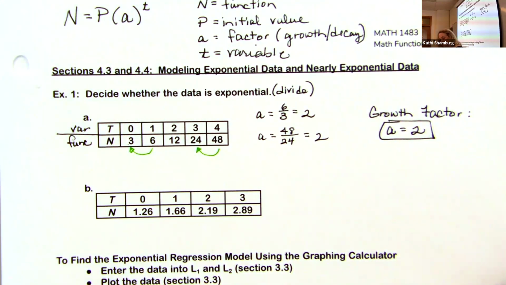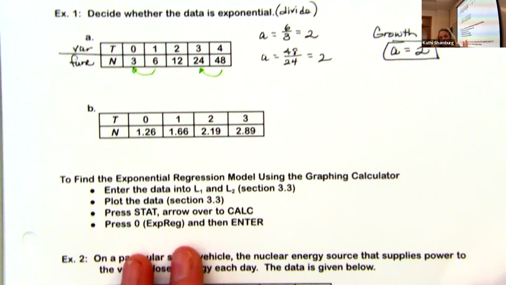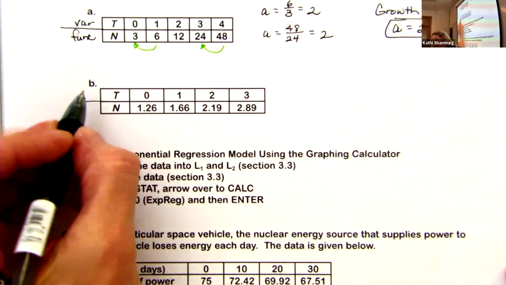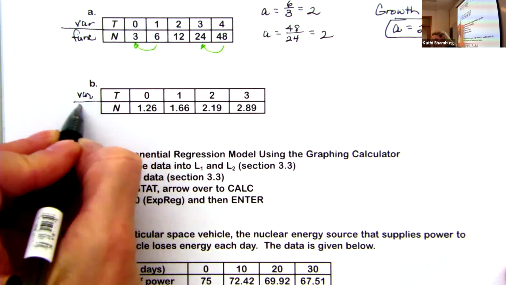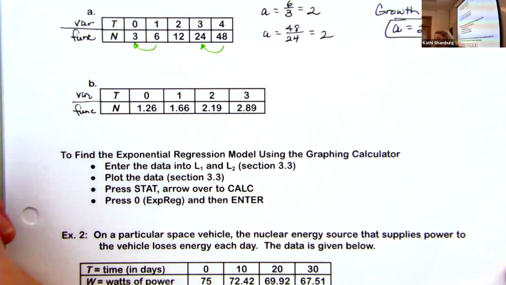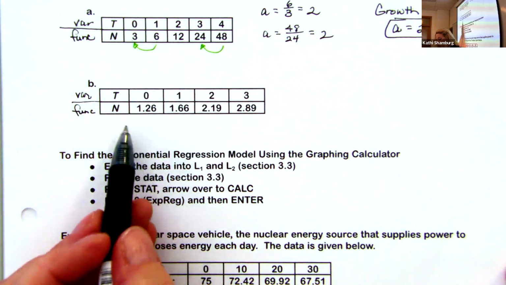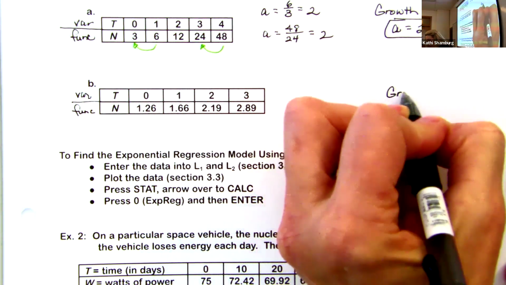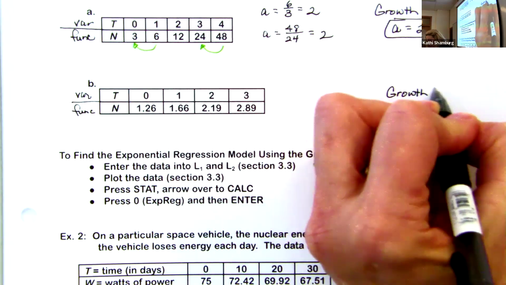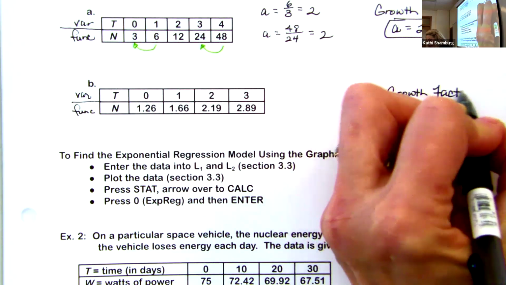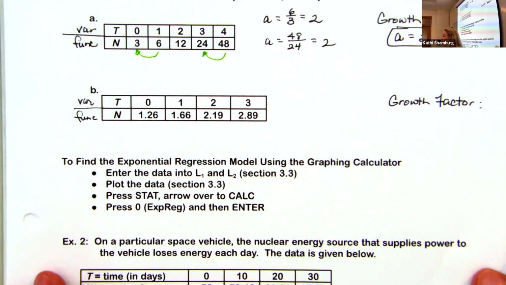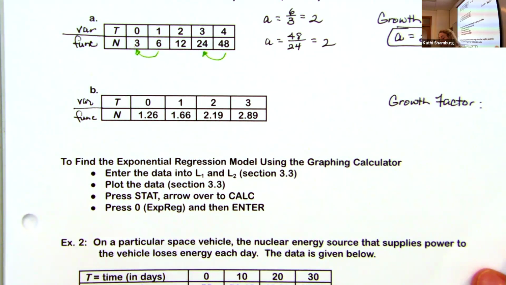It's not always as easy to see, because if you look in the second example, again, we still have our table with our variable and our function. And in this one, I can tell that I have growth as well. So I know I'm gonna have a growth factor because that is increasing. But I can't look at this one like the one above and go, oh, they're multiplying by, and tell you that number.